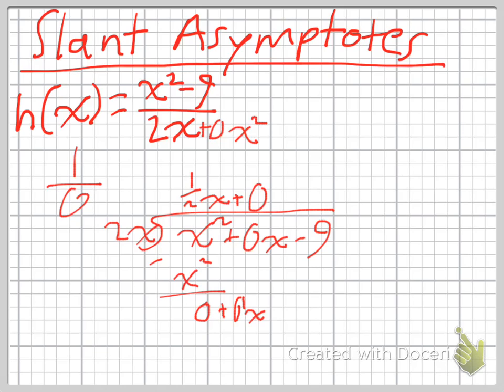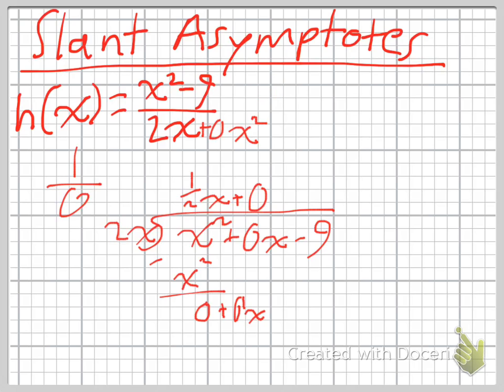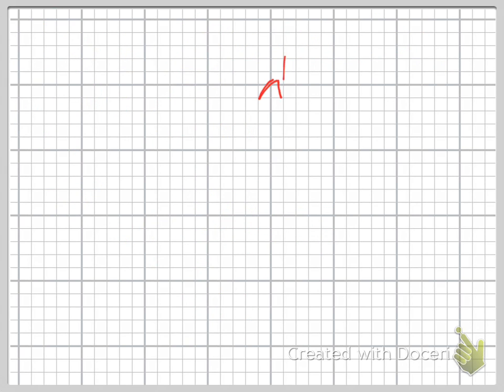But this isn't really as helpful without seeing a graph, so I'm just going to have to add another slide here. There we go. And you can see the graph. What was it? h of x is our top. Drawing our axes.